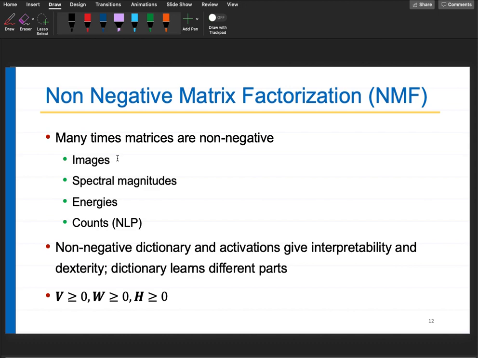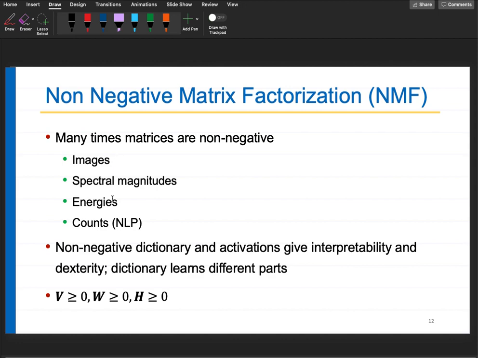In natural language processing, you often use counts as a feature of your data. Let's say you have a document. In that document, what are the counts of different keywords or important words? Based on that, you can classify or process the document, like email spam clustering. You look for some keywords or groups of words and you count their frequencies. So counts are non-negative.